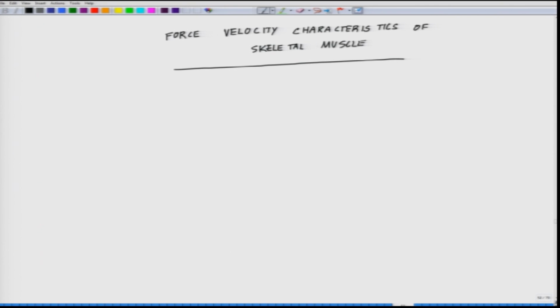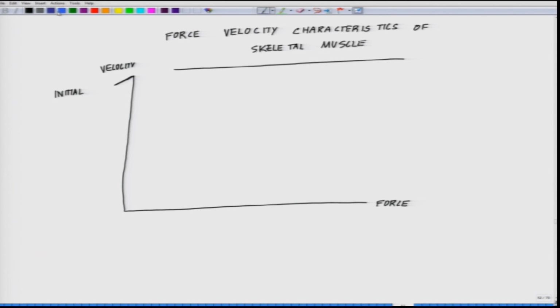So, this is how the force velocity characteristics of the muscle will be, where you are plotting the force on the x axis and the velocity on the y axis, and this is your initial velocity. The plot will be something like this. Okay. And out here there are different points I am putting.